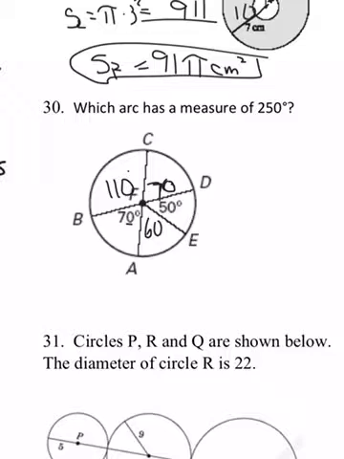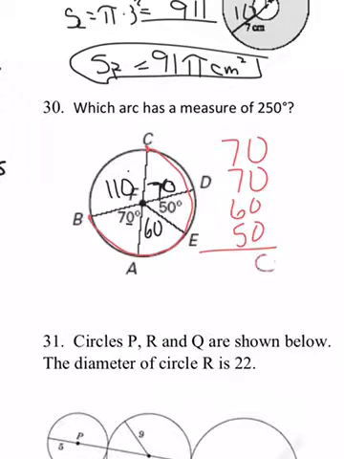So the question is, what actually adds up to 250? Well, it's going to be this, because 70, 70, 60, 50, 140, 200, 250.